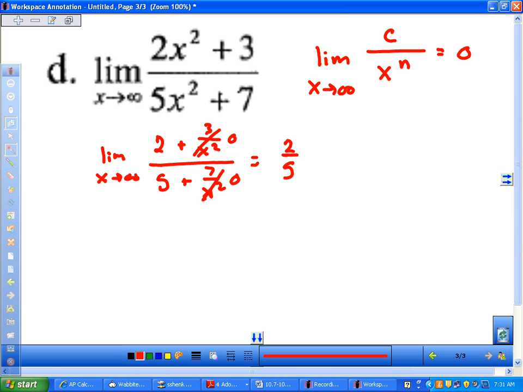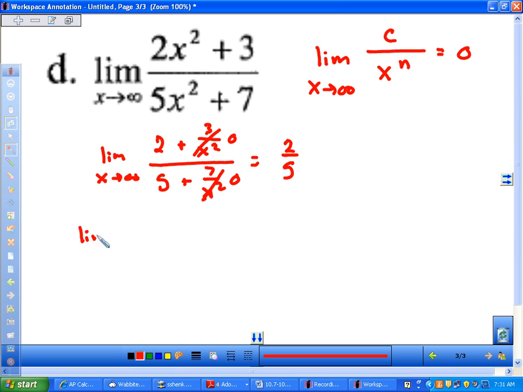Now, the other trick in the book, now I would always do this with rationals. If it's a rational function, I would always do this. But in the notes and in the textbook, they also gave you another way to look at limits as x goes to infinity.